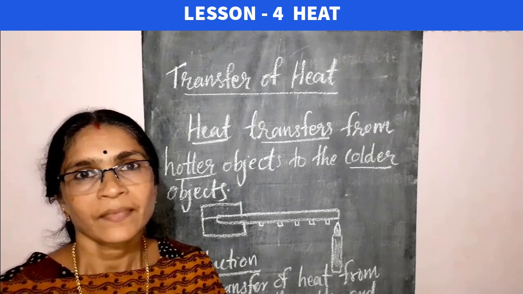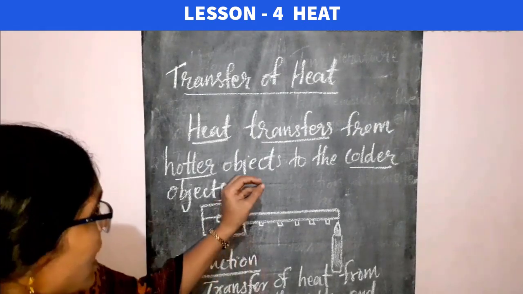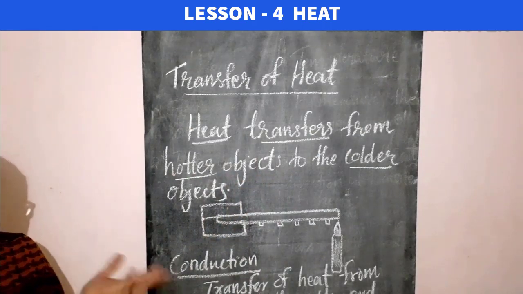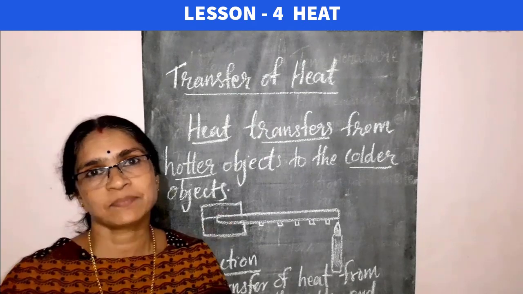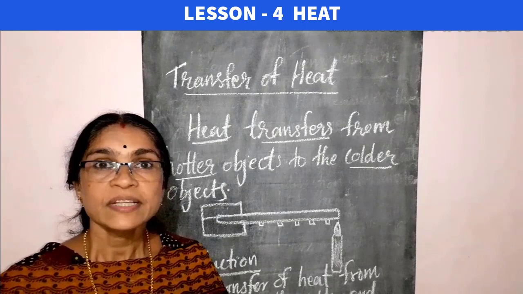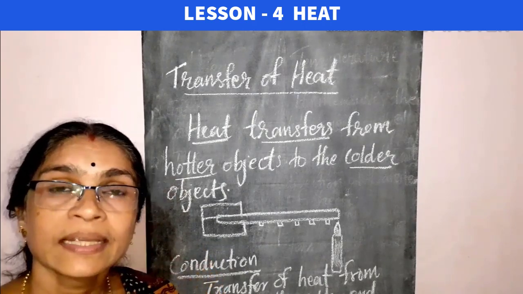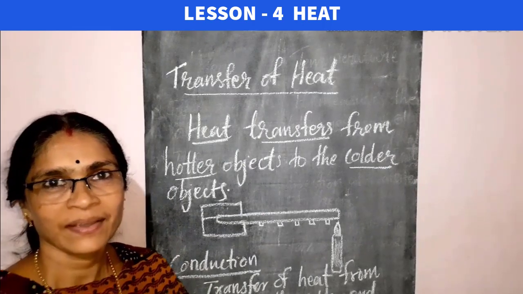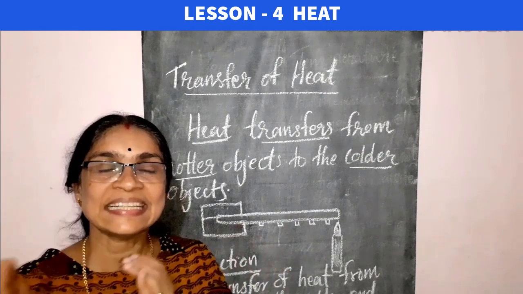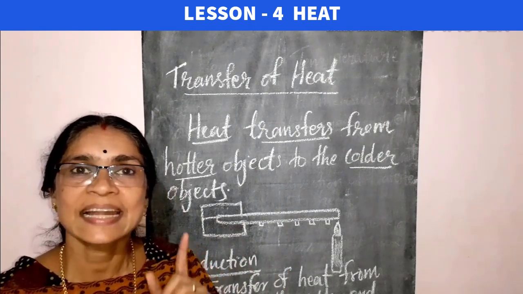As per this, based on the passage of heat through substances, the substances are divided into two types. The materials which allow heat to pass through them easily are called conductors. This means the substances which conduct heat easily or speedily, we can term as conductors.